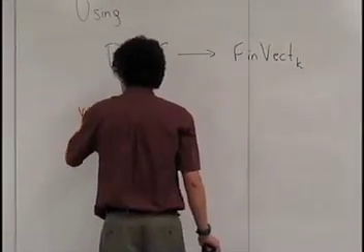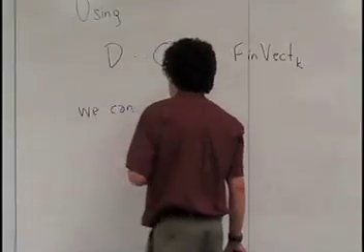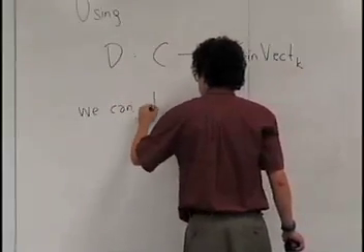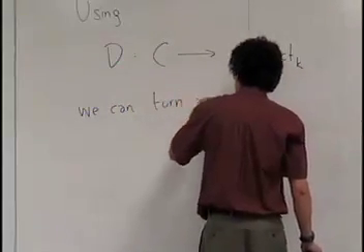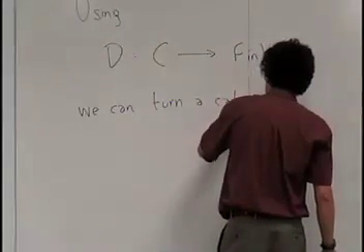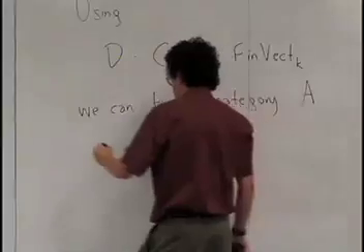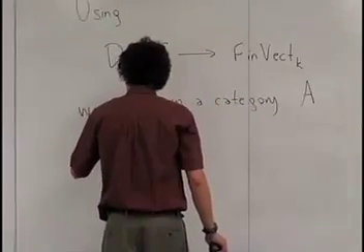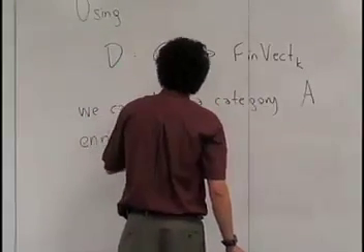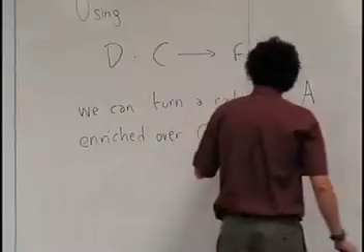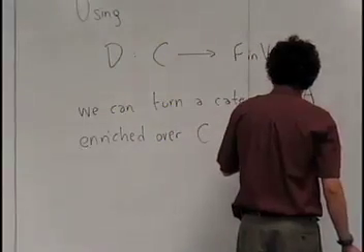We can turn a category, say A, that's enriched over C, and turn it.